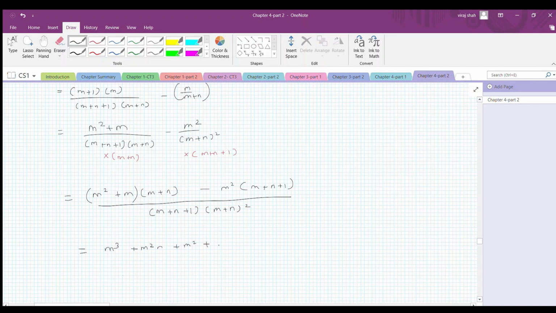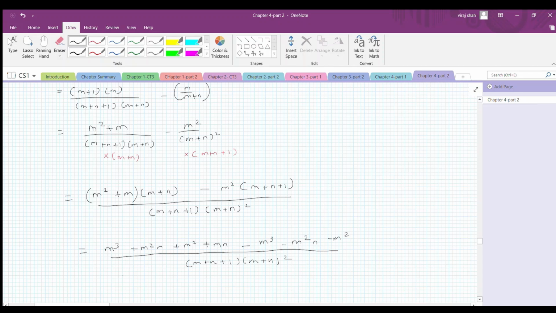Okay, I'll multiply m square with each term. What will I get as my answer? It would be nothing but m square into m is m cube. m square into n is m square n. m square into 1 is m square. Okay, it would be (m plus n plus 1) into (m plus n) the whole square.